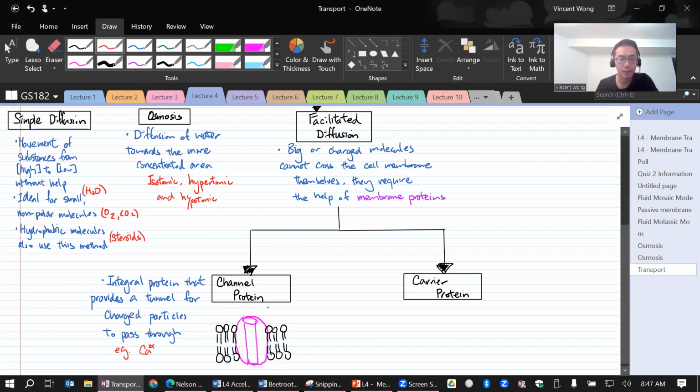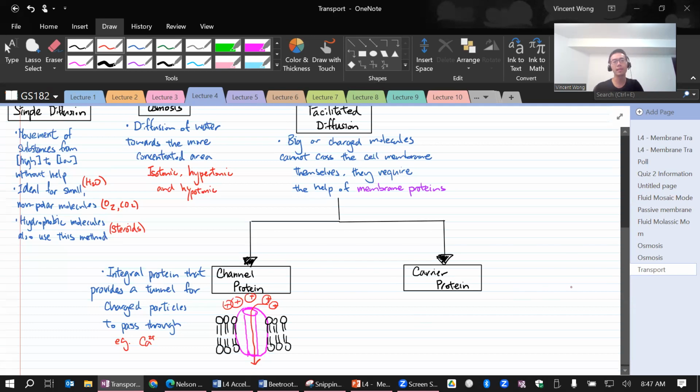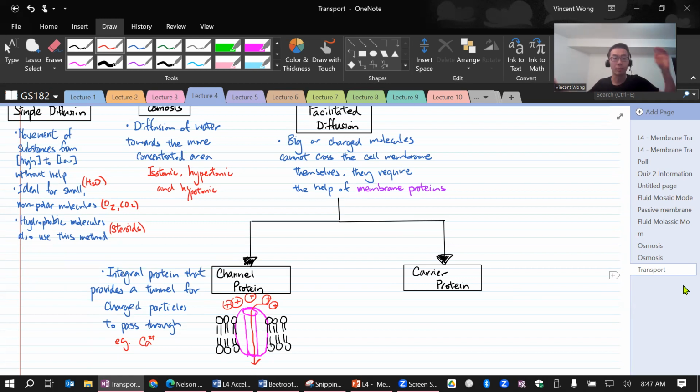Then you have the charged particle, and they will go through the tunnel. The tunnel basically shields the charged particle from the environment. They don't interact well with the hydrophobic environment because they're charged, but by going through the tunnel, they are protected and shielded from it.